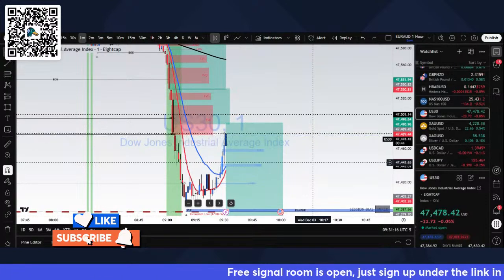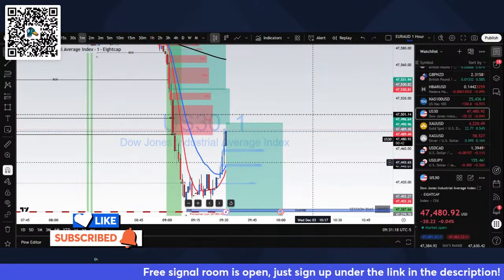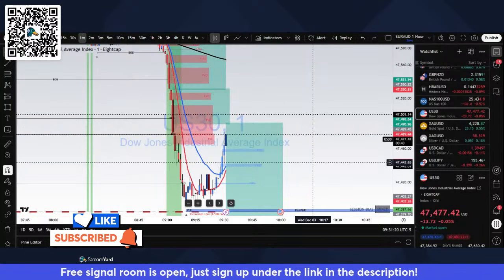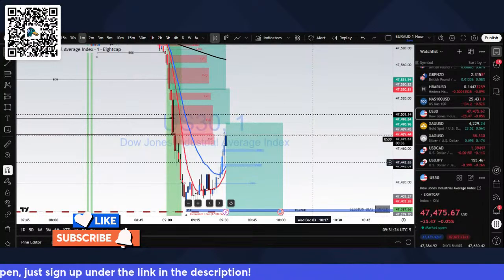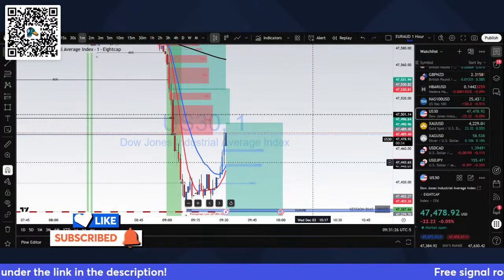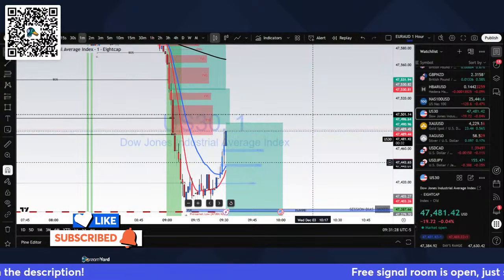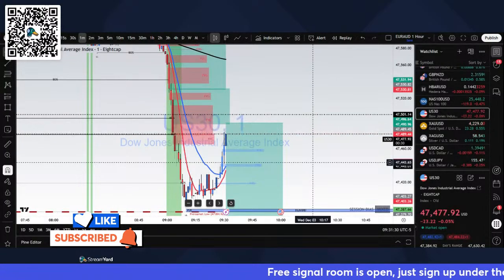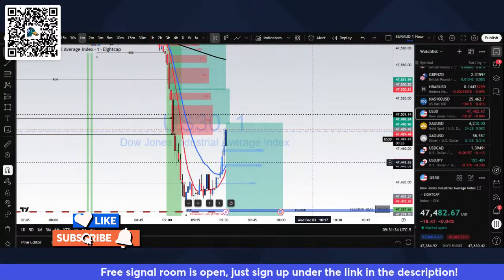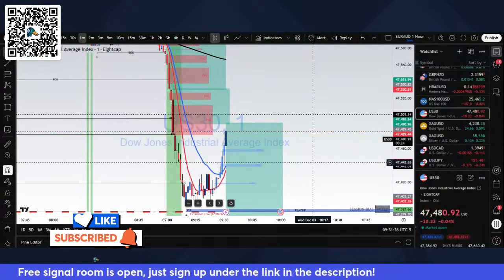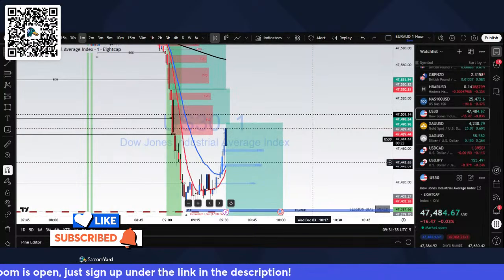Okay, we touched our entry and we fell off. Okay, it opened already and it didn't really move much. You notice that? Let's see what happens. It was kind of a dud entry.